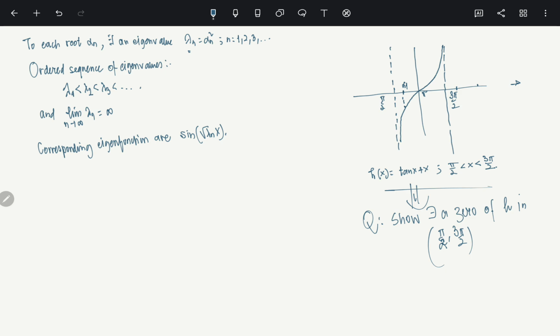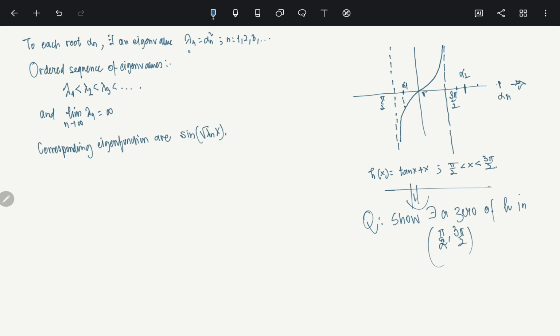So you just show that this is going to be 0 somewhere, and in this interval there is one 0. And this tan is a periodic function, so it will go on doing the exact same thing. You will have an alpha 1, an alpha 2 somewhere here, and an alpha n somewhere here, and as n tends to infinity, these alpha n's will go to infinity. That's the idea.